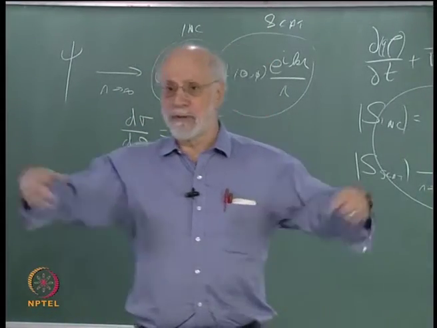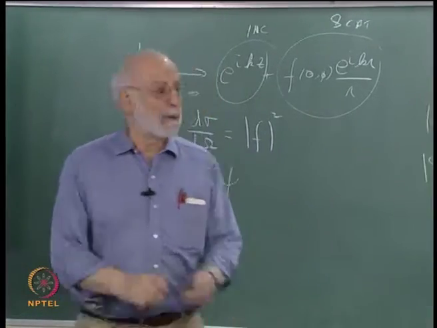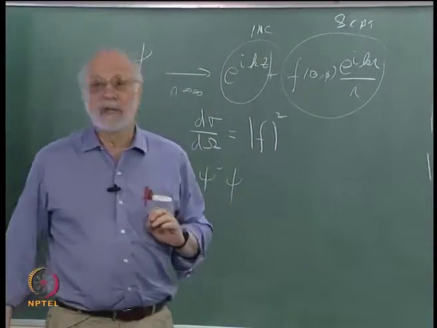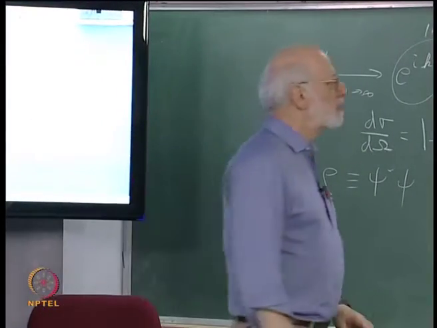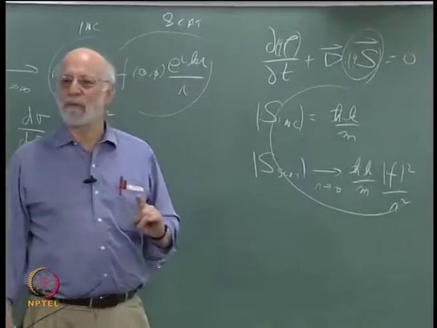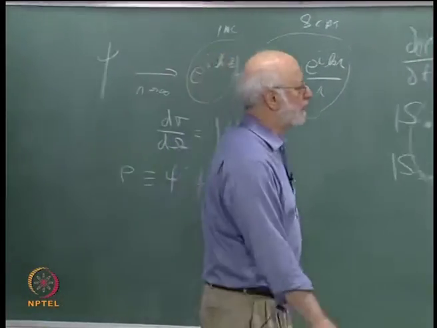And you see, it's easy when it's a bound state. The boundary condition is everything goes to 0 at infinity. You know, bang, that's no problem. But here, everything does not go to 0. And what does the asymptotic form of this wave function have to look like? Well, this tells me something about that.